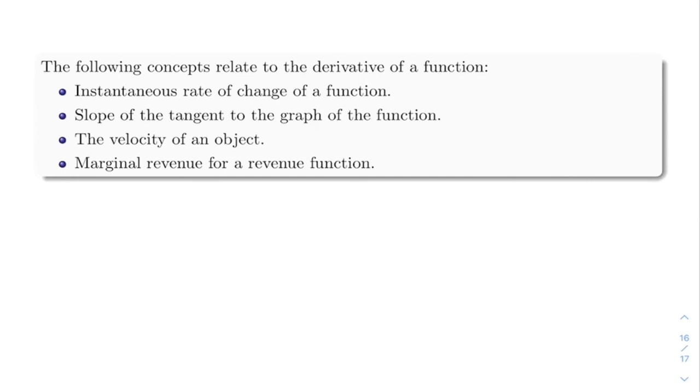Some particular instantaneous rates of change might be the velocity of an object, and also the marginal revenue for a revenue function. We can do the same thing, in fact, for the marginal cost for a cost function, and we will see several applications of the derivative throughout this course.